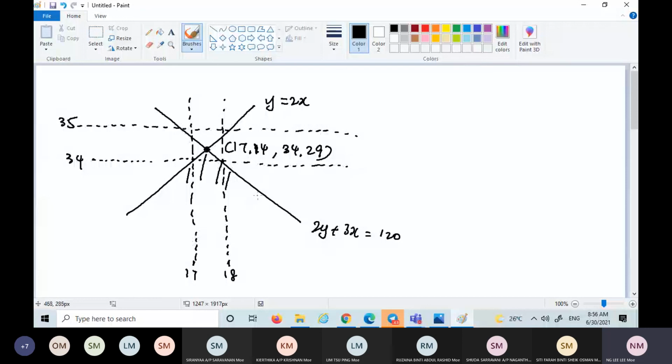This is the meaning. We cannot choose this point and this point. I put them in red. You cannot choose them because these 2 points are not in the region. But the ones in purple, you can choose this point and this point.